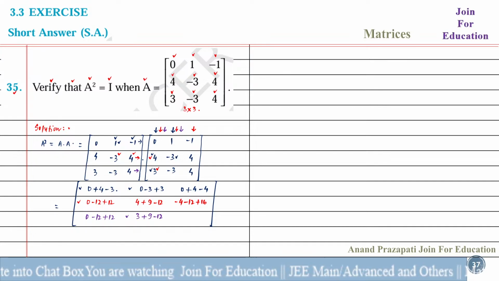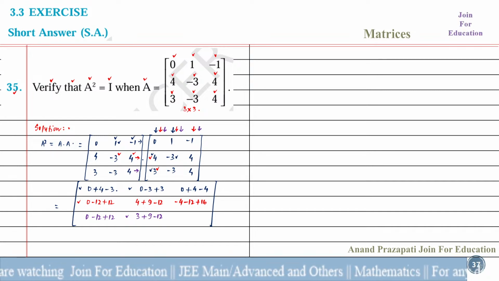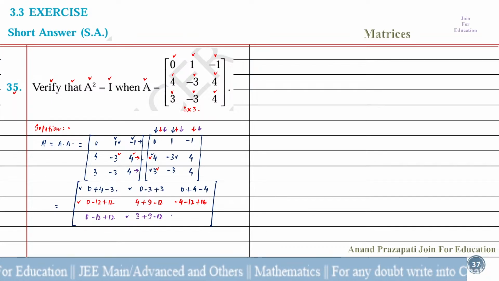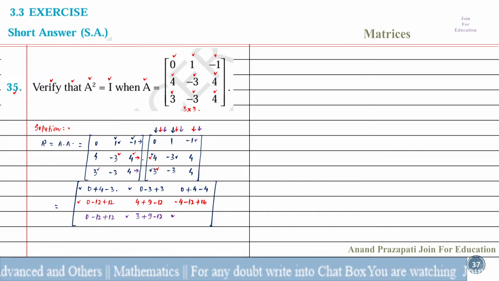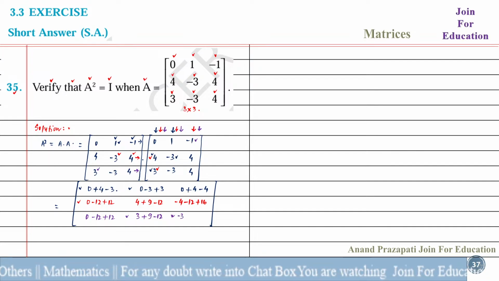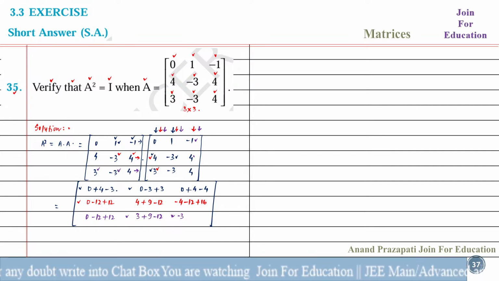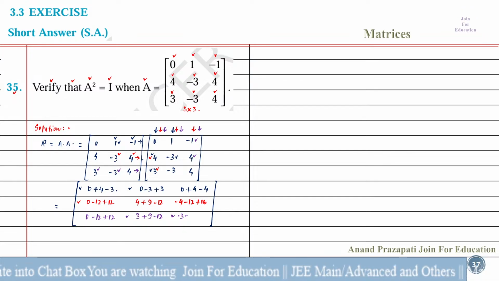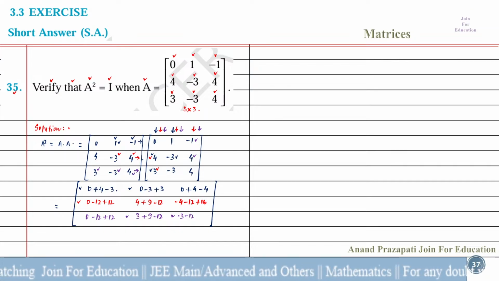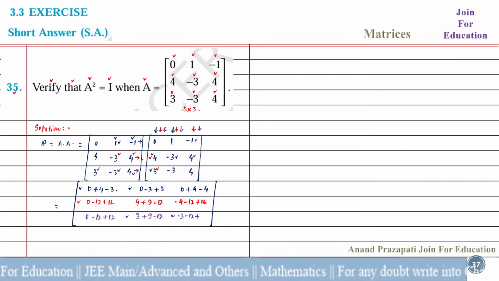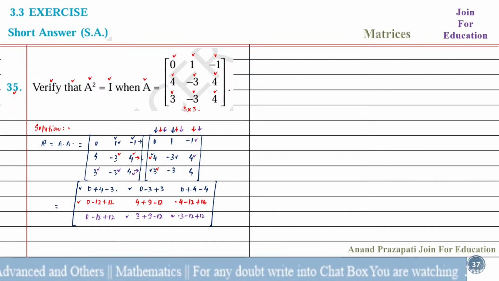So third row along third column, we multiply the corresponding elements to get the third element of the third row. 3 into minus 1 equal to minus 3. Minus 3 into 4 equal to minus 12 and 4 into 4 equal to 16.